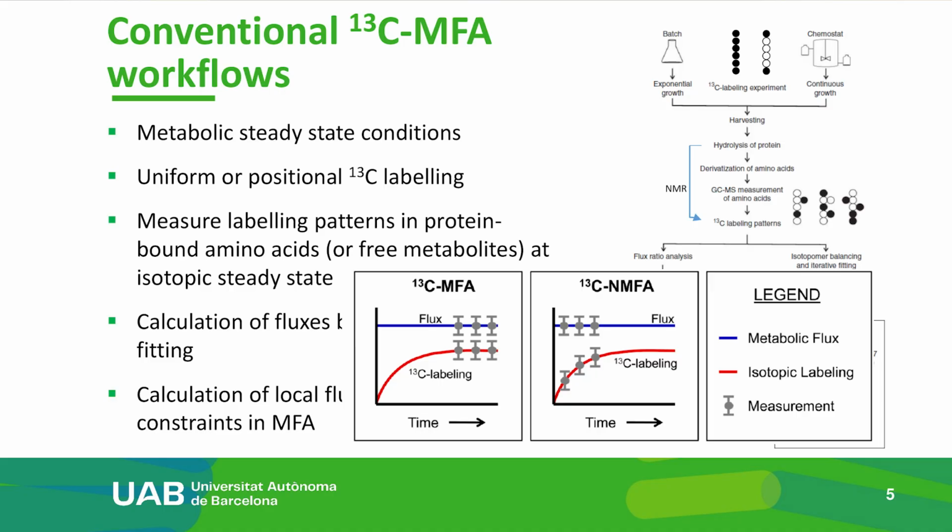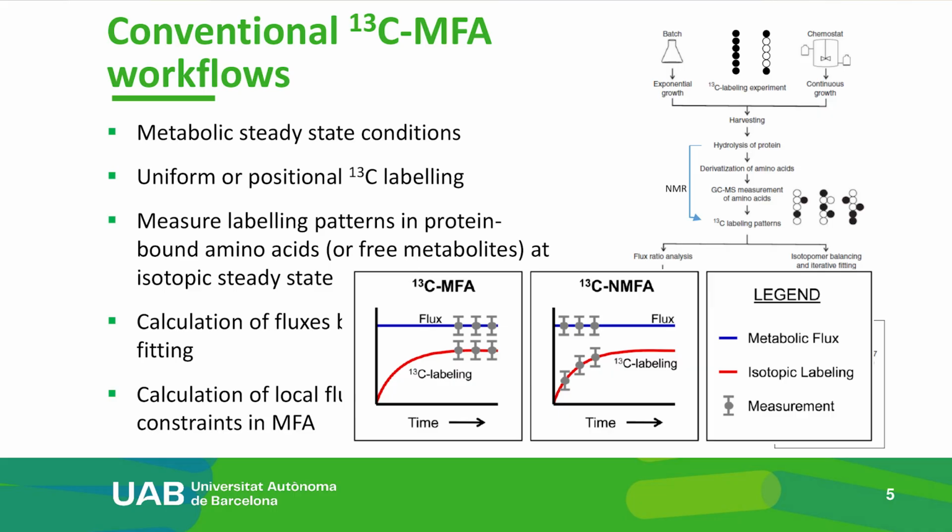On the top picture, you can use either a substrate that is uniformly labeled, so all the positions are carbon-13, or positional labeling in some of the carbons, and then you feed the cells with this substrate and measure labeling patterns in either protein-bound amino acids or free metabolites, which is more experimentally demanding, but it can be done.